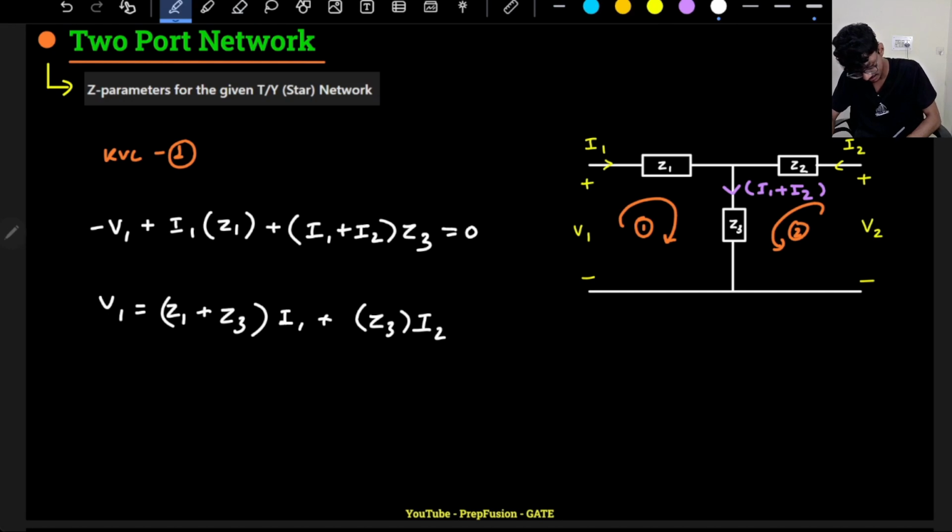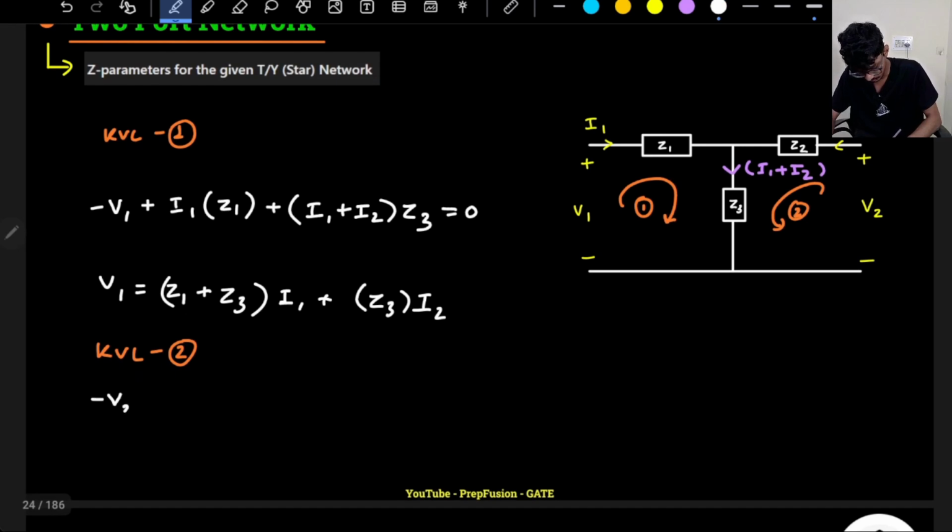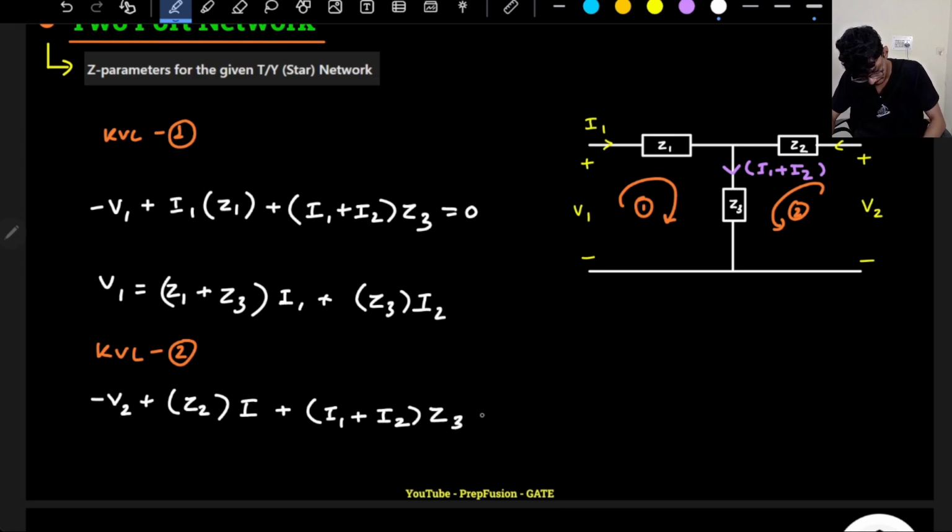So what is my V2? Again, the output KVL, KVL 2. So minus V2 plus Z2 into I2 plus (I1 plus I2) into Z3 equals 0.